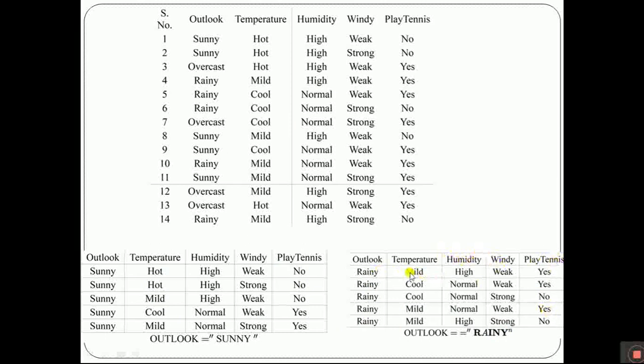Temperature may be mild or cool, humidity is high or normal, wind is weak or strong. Once you do the entropy and gain calculation, only then can we decide whether we can play or not. Similarly for rainy.